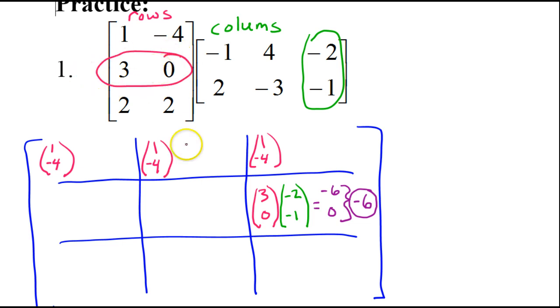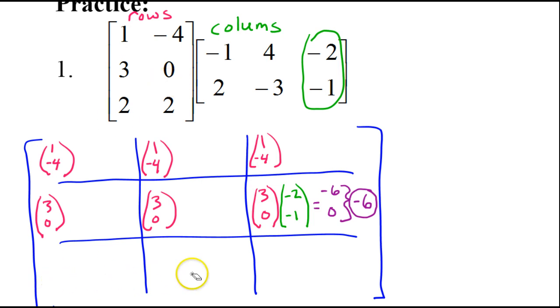This is row 2 of my product. To find the elements in row 2, I'm always going to be multiplying by row 2. So I might as well write them all down at once. Row 2, row 2, row 2. And if I want to find elements in row 3, I'm always going to be multiplying by row 3. So in the third row, I might as well write down 2, 2, 2.